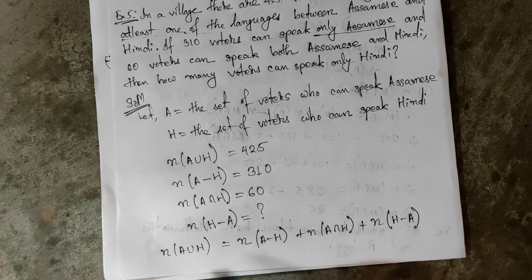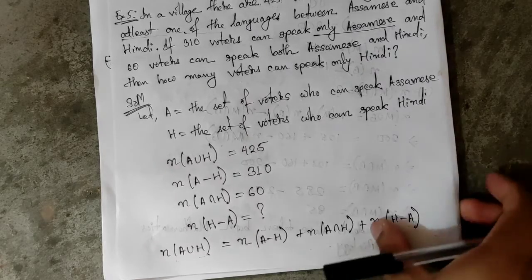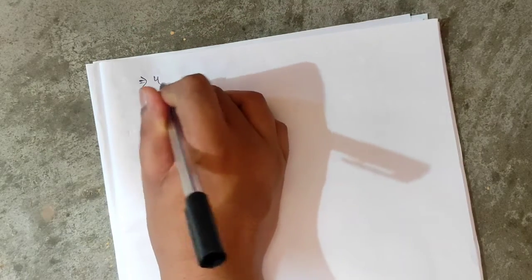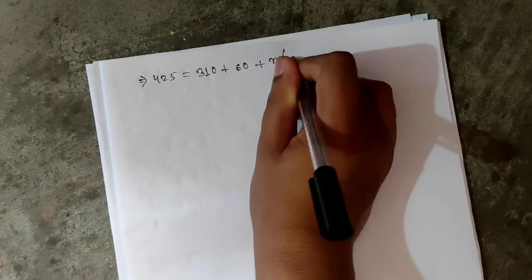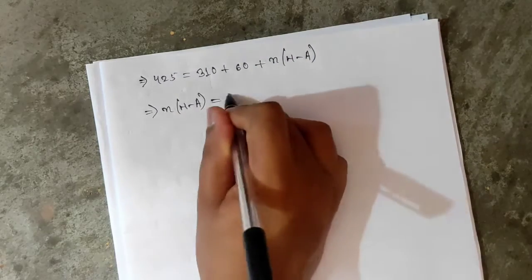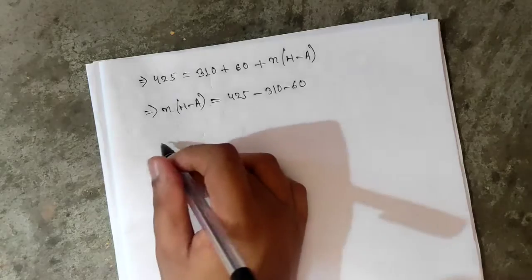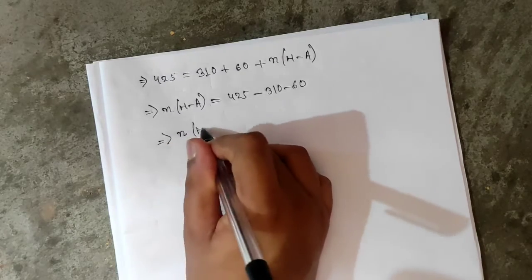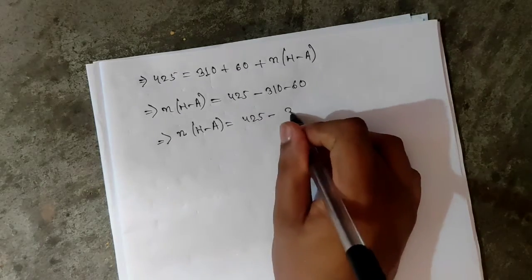So now we know n of A union H is 425, n of A minus H is 310, n of A intersection H is 60, and we need to find n of H minus A. Putting in the formula: 425 equals 310 plus 60 plus n of H minus A. So n of H minus A is 425 minus 310 minus 60, which is 425 minus 370.